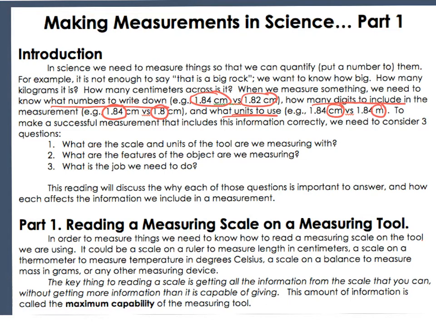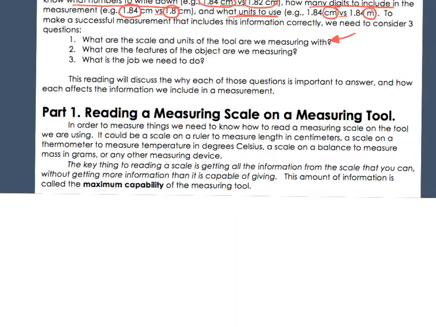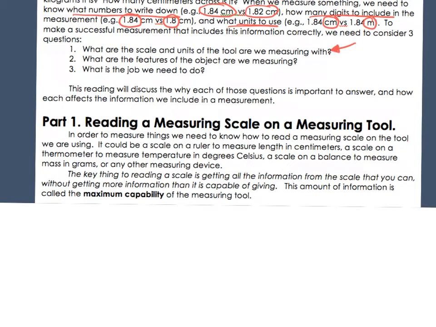So in order to do this well, probably the first thing I need to understand, and the thing that we're going to be focusing on today, is what are the scale and units of the tool we are measuring with. Whenever we have a tool that has a scale on it, what do I mean by a scale? I mean it has numbers like 1, 2, 3, 4, 5. There are specific ways of measuring this that scientists have agreed upon.